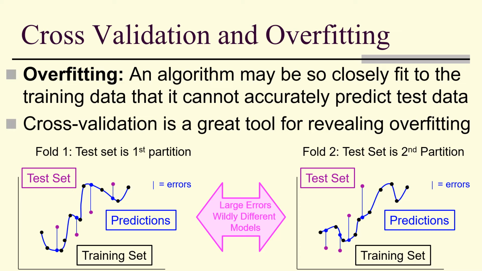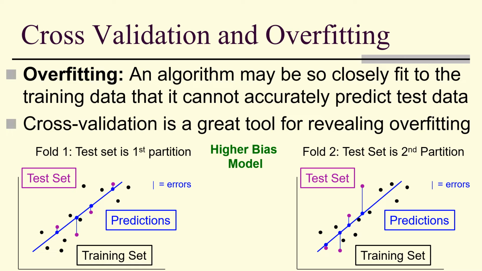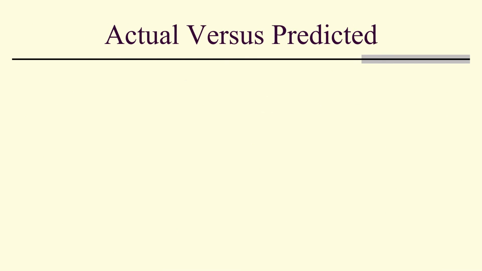In fact, cross-validation has shown us that the differencing in the training sets leads to wildly different models and large errors in predictions. Therefore, we might be moved to take a higher bias model, one where we have smaller errors on average and more stability from one fold to the next of a cross-validation.